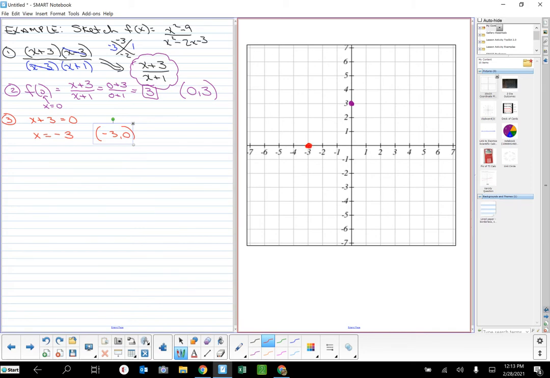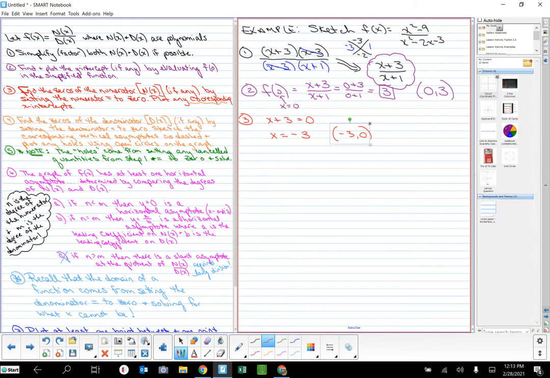Back. Number 4 is this yellowy, orangey color. Find the zeros of the denominator by setting the denominator equal to 0, which is x plus 1 equals 0, which means x equals negative 1.